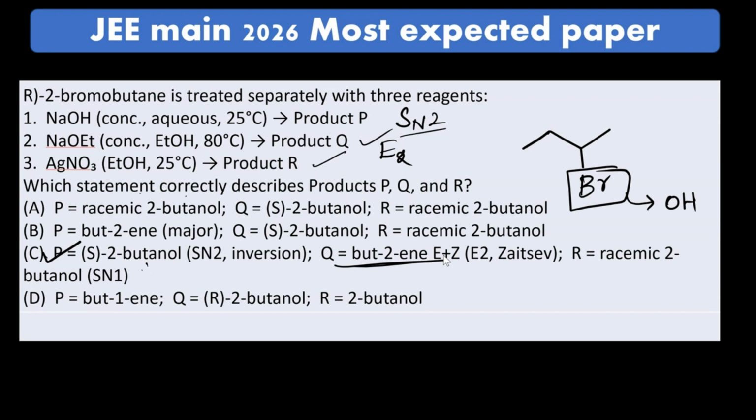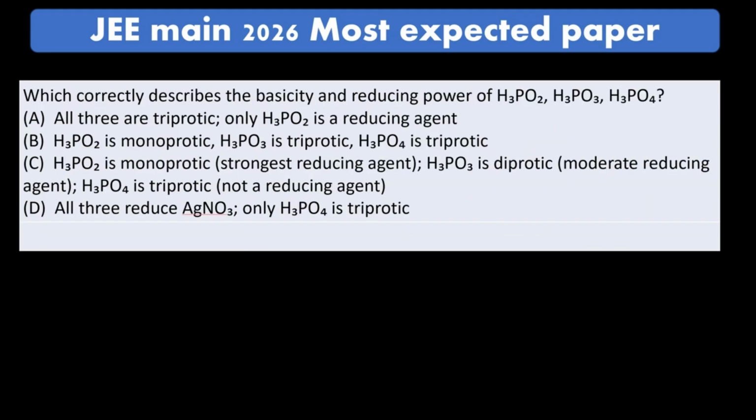So what will it do? It will follow SN1. So SN1 means what type of product will be formed? Racemic mixtures, right? So 2-butanol will be formed by SN1. So you should know what type of reagent. It's basically about the substitution and elimination reaction mechanisms. Okay. Moving on to the next question.